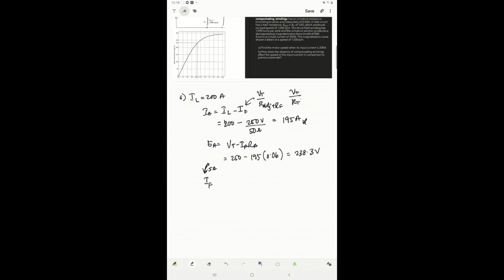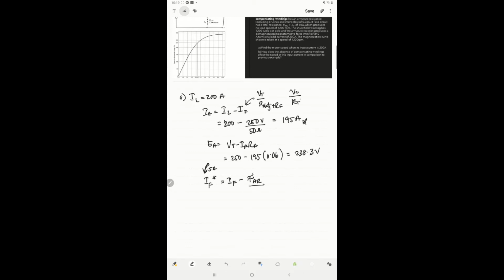Now, because there is an armature reaction, the effective field current, which we mark with a star, is not 5 ampere anymore. You will have to minus the armature reaction, which happens inside the machine.